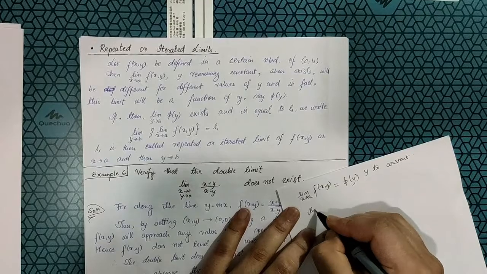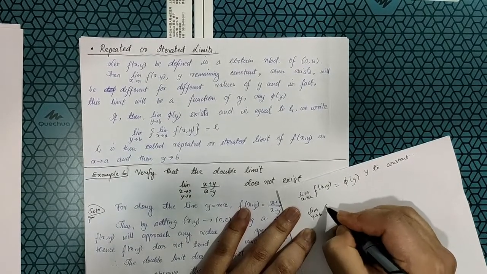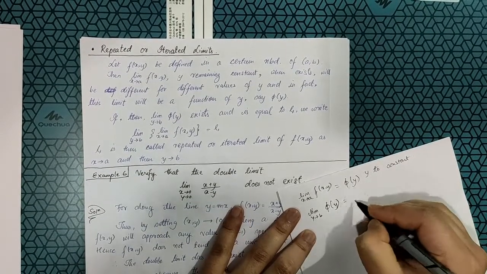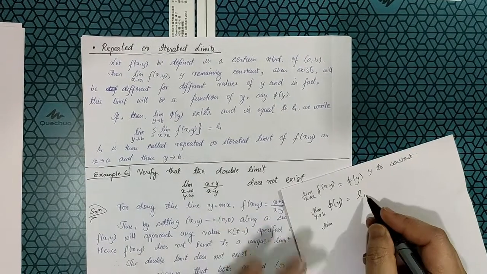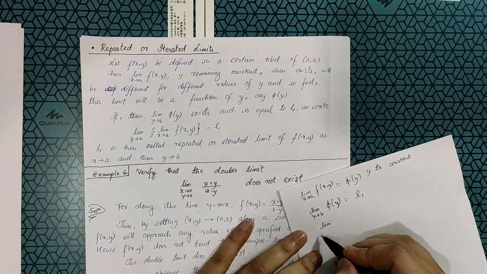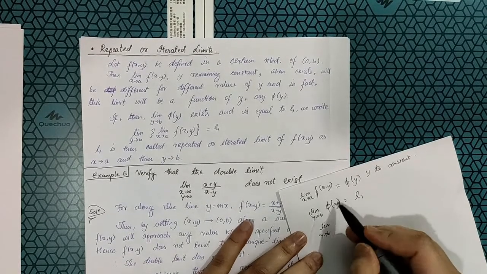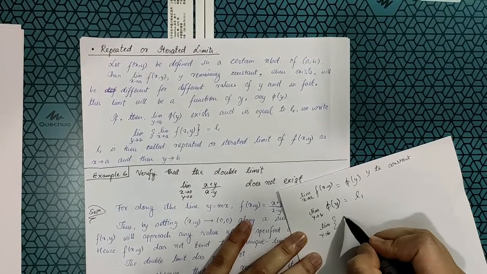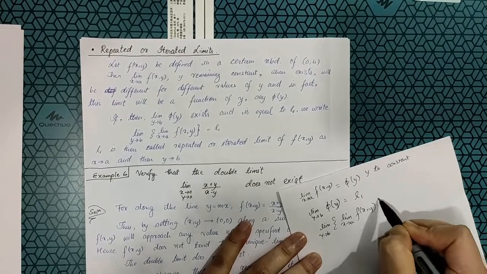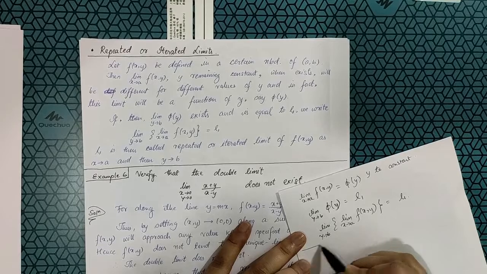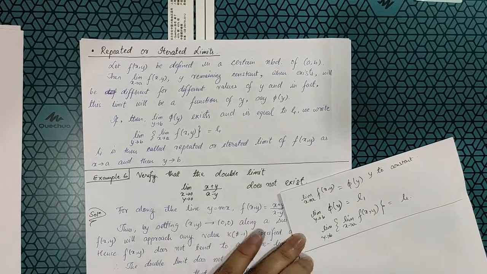Again, if we find the limit as y tends to b for this function and we get some L1, then L1 is said to be the repeated limit. Obviously phi of y is the limit as x tends to a of f of xy, which is L1. So this is known as the repeated limit.